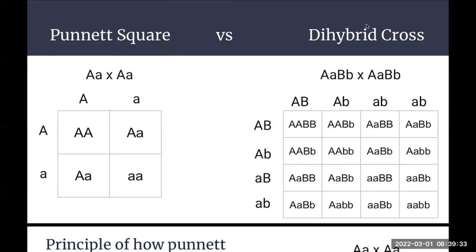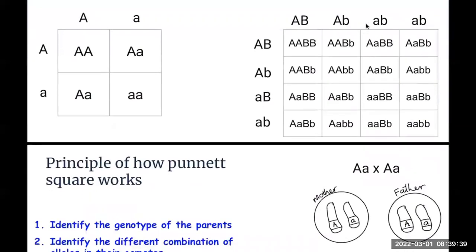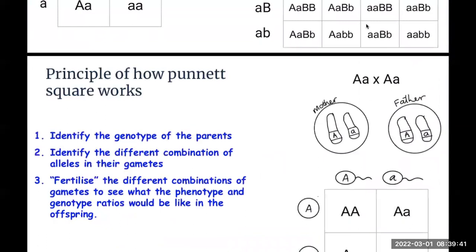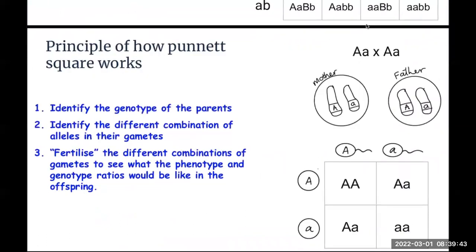They actually work by the same principle and have three major steps. Let's just look at how a Punnett square works. You all know how to do it, but behind the scenes, these are the three major steps. We usually identify the parents' genotype, and we visualize how they produce gametes using those genotypes. Let's say, for example, this is a cell, this is another cell.